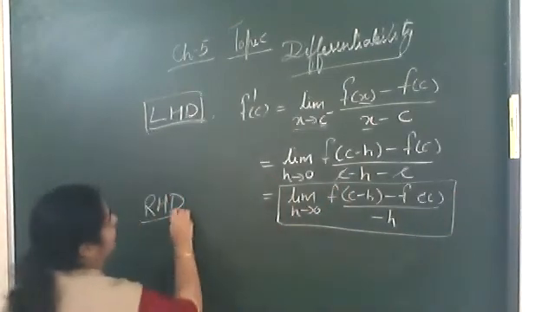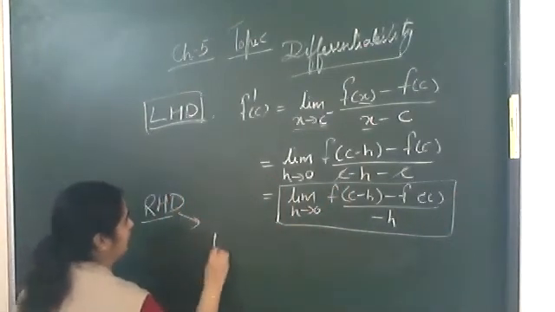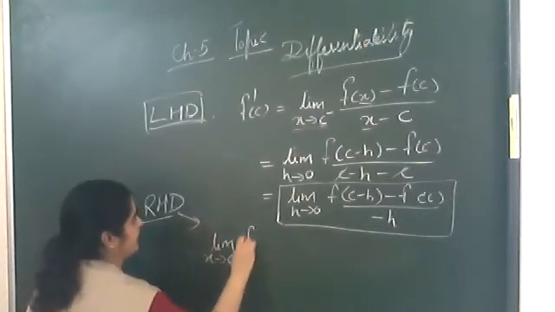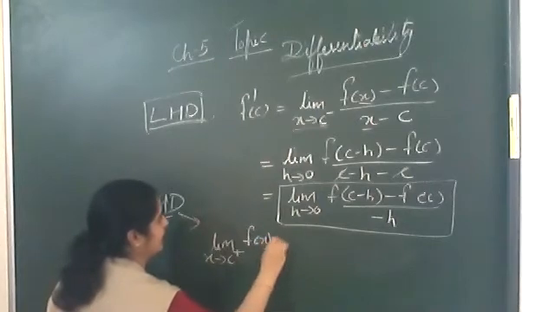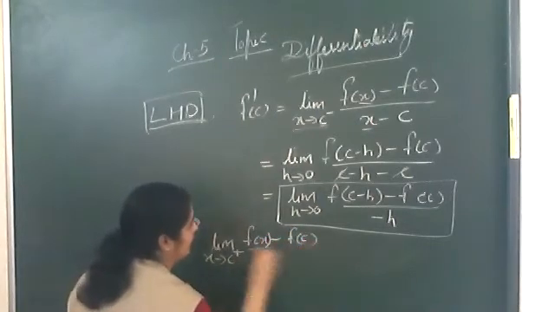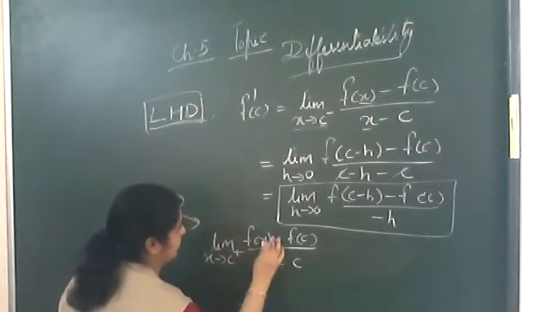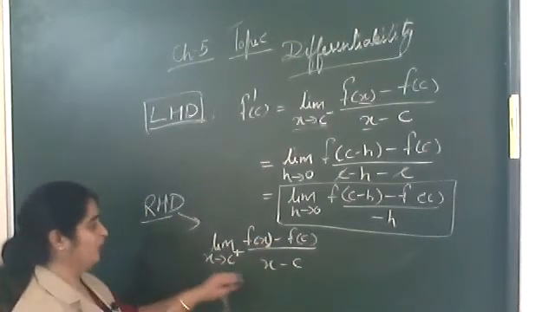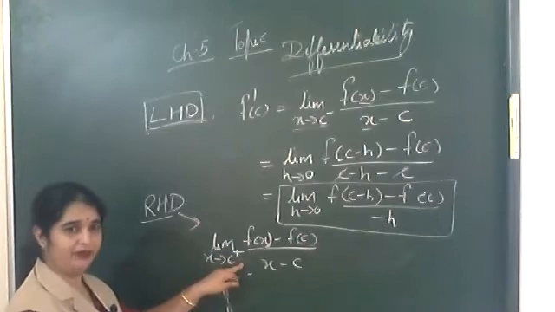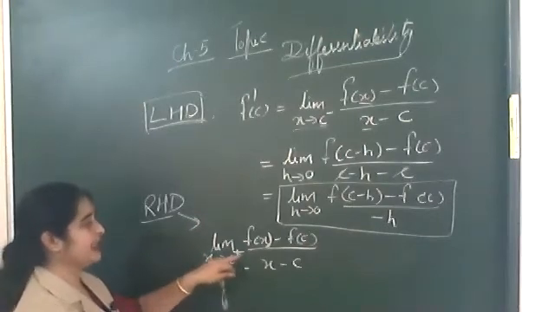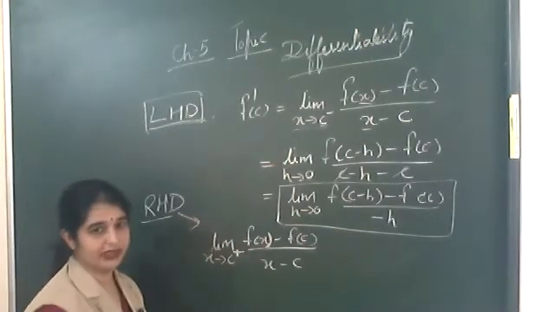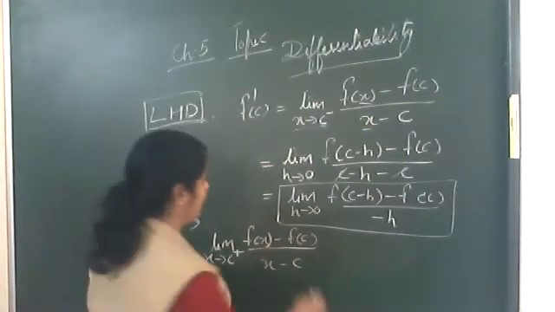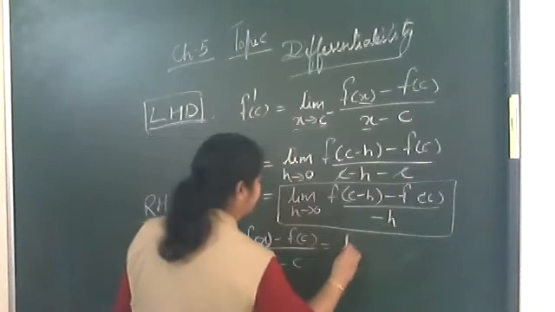Now we'll calculate the right hand derivative. What will it be? Limit x tending to c plus, f x minus f c upon x minus c. Same way, we have only changed the limit to c plus instead of c minus. X is tending to c minus there and here x is tending to c plus. Now again we'll change the value of x by changing the limit.